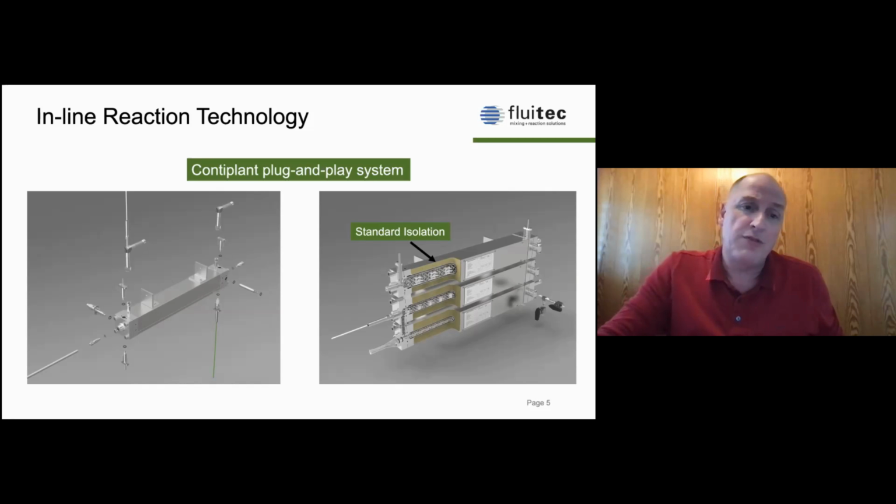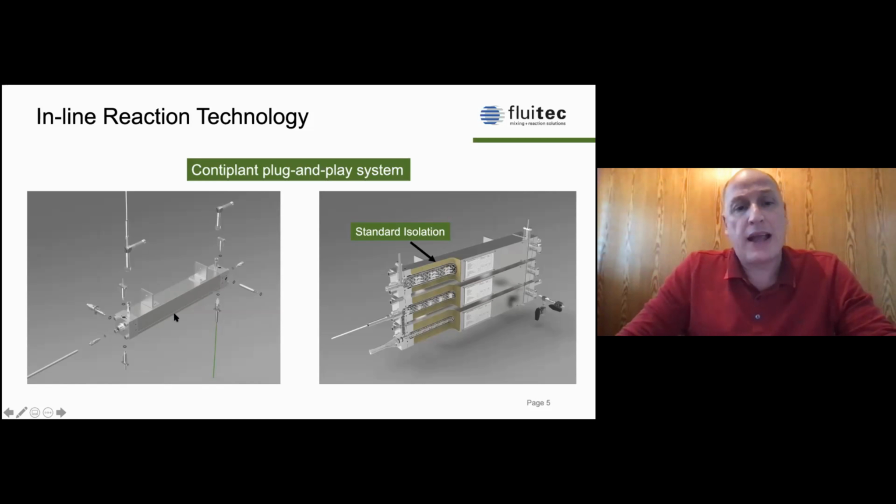All these things can be installed in this reactor. Here you see a cut, so here you see 3 reactors connected together. The housing is insulated as a standard, and then you see the double jacketed static mixers.